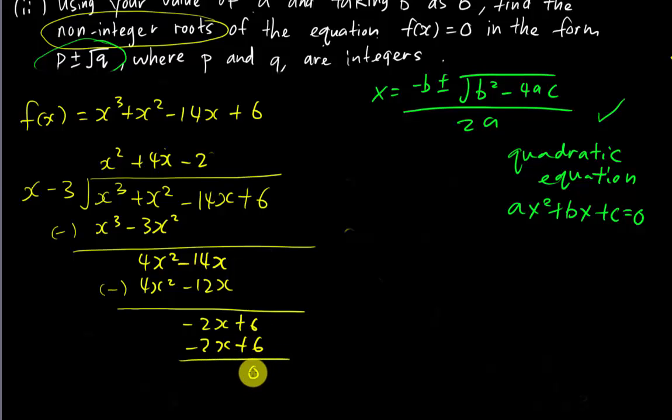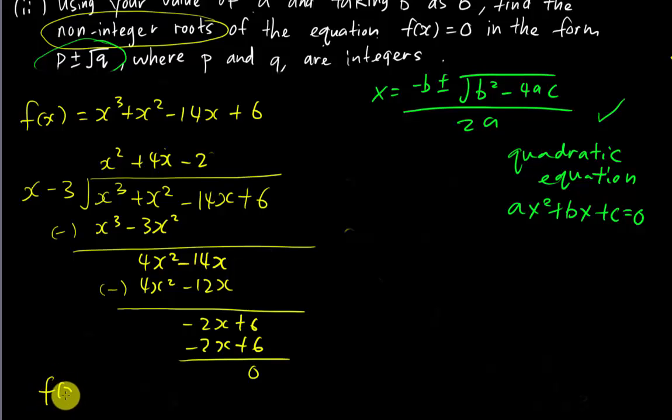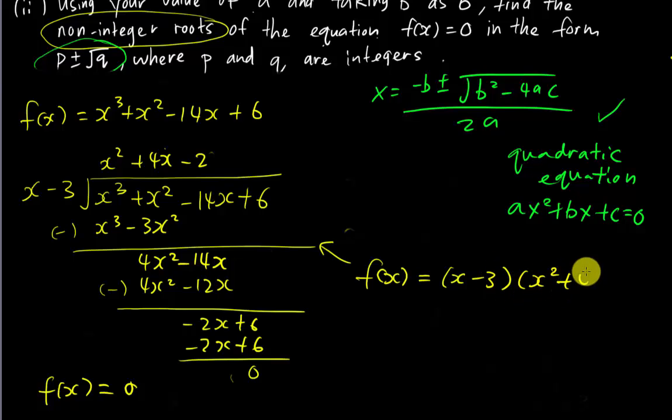Right. So from here, the question says fx will equal 0. That means what? From here, at least I know something. My fx is actually equal to my divisor multiplied by my quotient, and the remainder is 0. Right, so I know my fx equals x minus 3 multiplied by x squared plus 4x minus 2 plus the remainder 0, but I will never write plus 0.